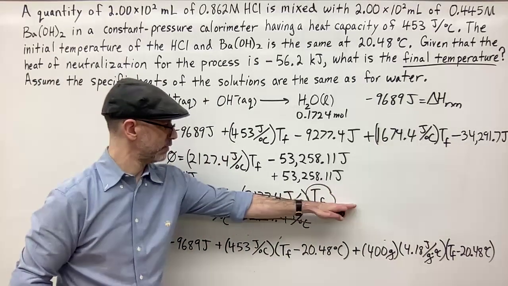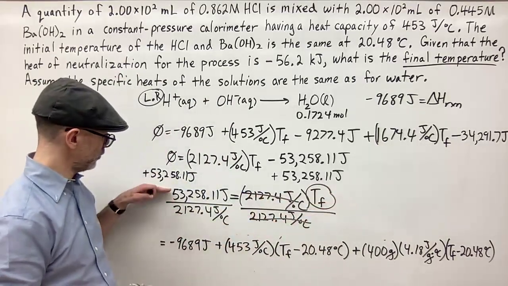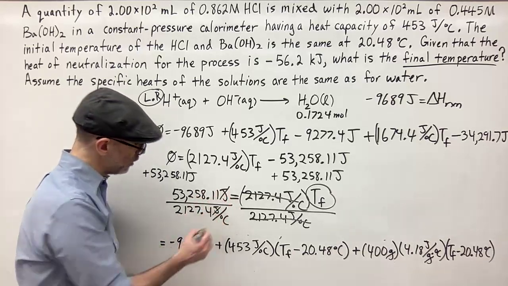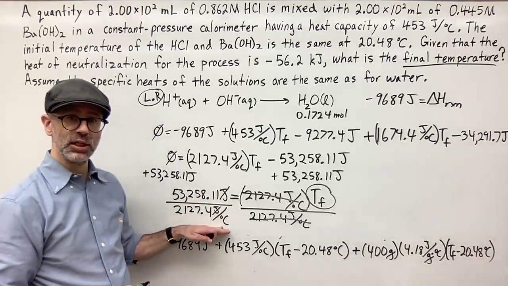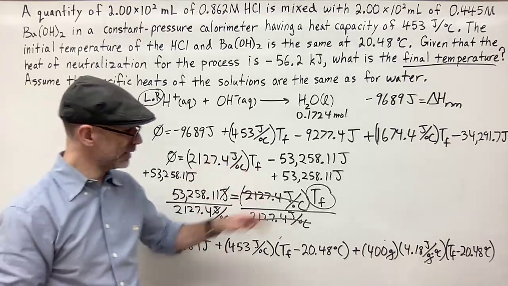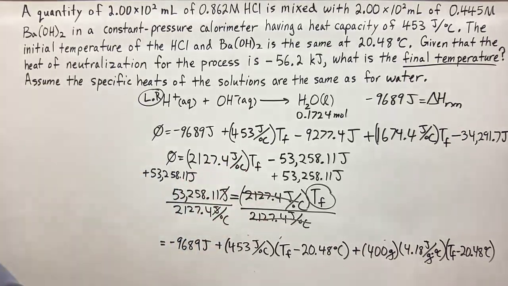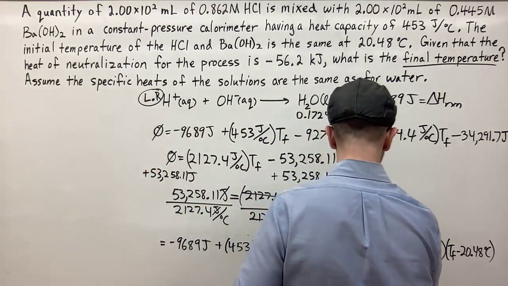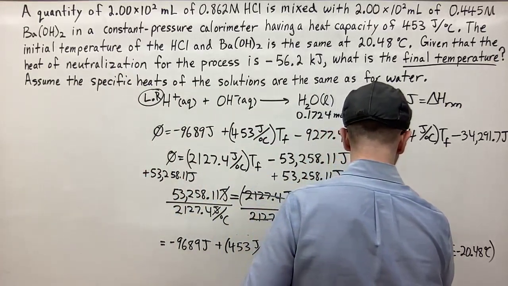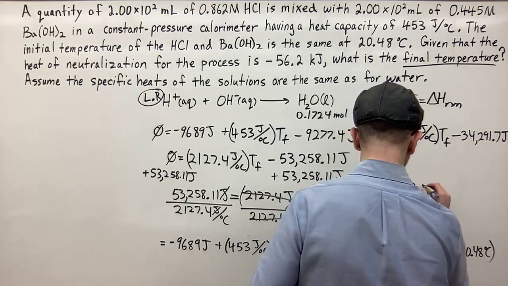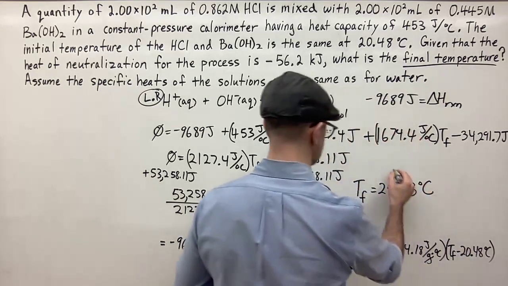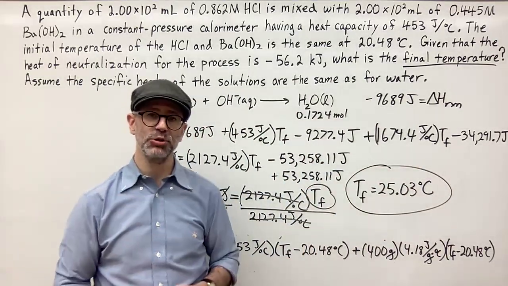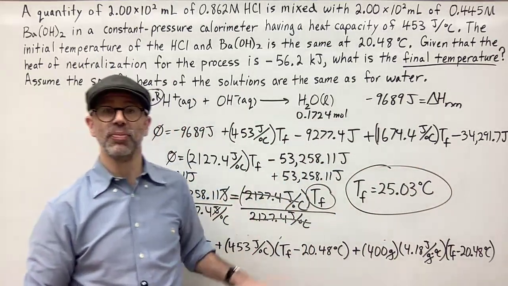TF, the final temperature, is equal to this divided by this. When I divide these, joules cancel out, and I'm left with degrees Celsius. When I calculate this, my final temperature is 25.03 degrees Celsius. And that, ladies and gentlemen, is how you do this kind of problem.